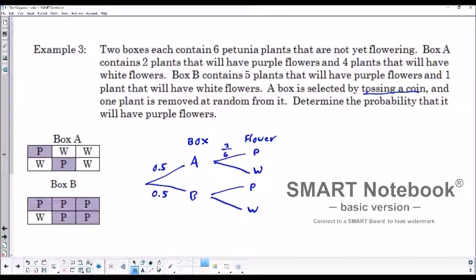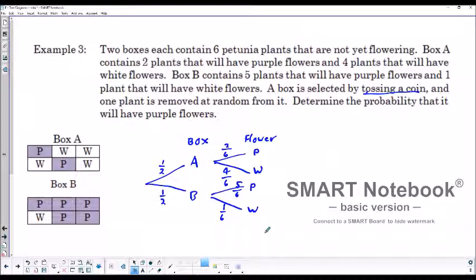Actually, I'm going to keep it all in fractions. I like that better. So this is 1/2, and this is 1/2 as well. White, there are 4 white plants in there, so 4 out of 6. The purple in box B is 5 over 6 probability, and white is just 1 over 6.